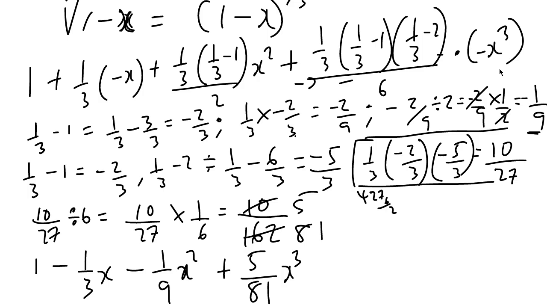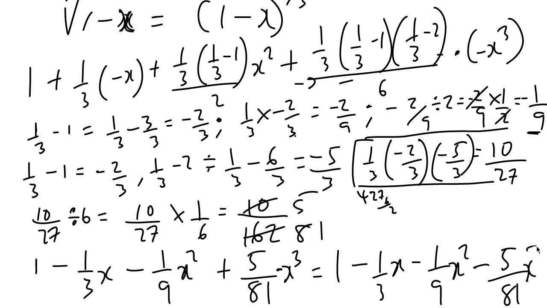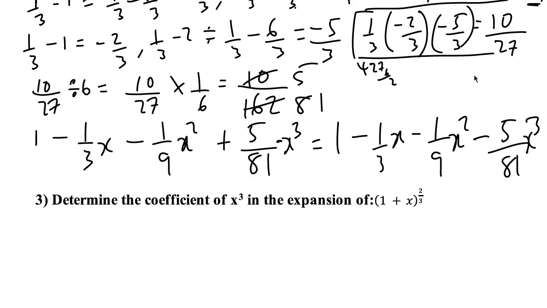Okay, we have a negative here, right? We have negative x cubed. So we can write our answer as 1 minus 1 over 3 x, minus 1 over 9 x squared, minus 5 over 81 x cubed. Because of this negative x cubed that was over here, we simplified and we had 5 over 81. Then because of this negative x cubed, we now have this. So those are the first 4 terms of the expansion. I hope you are getting it.